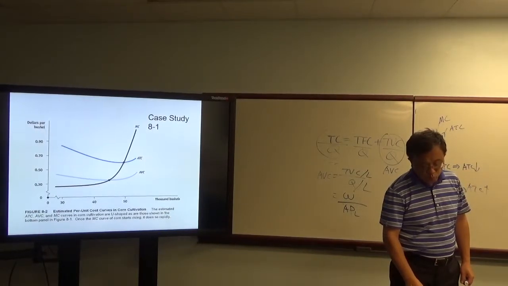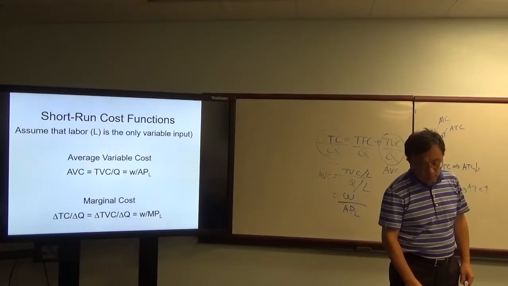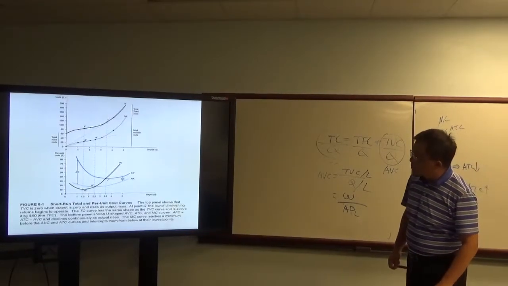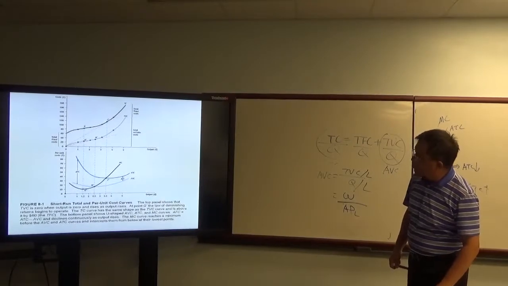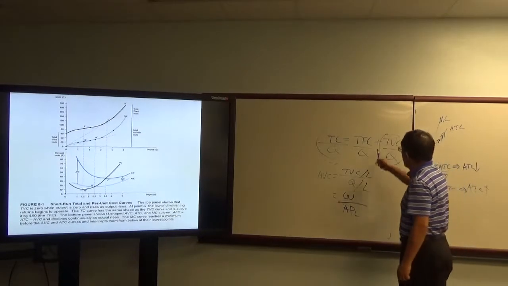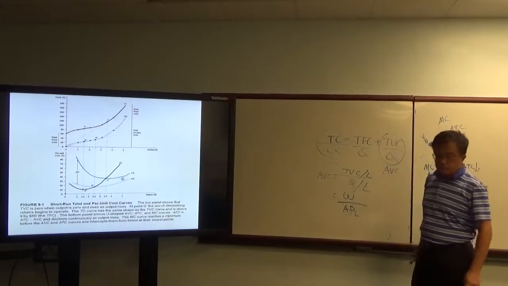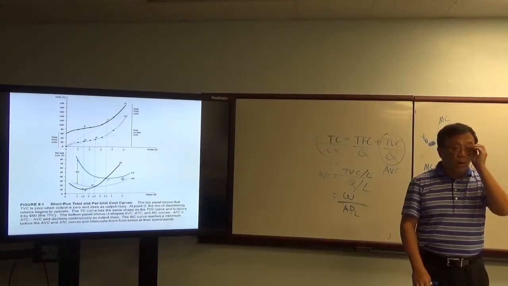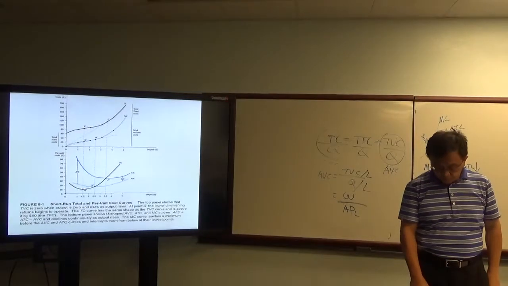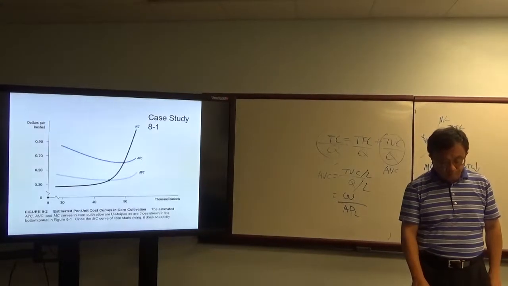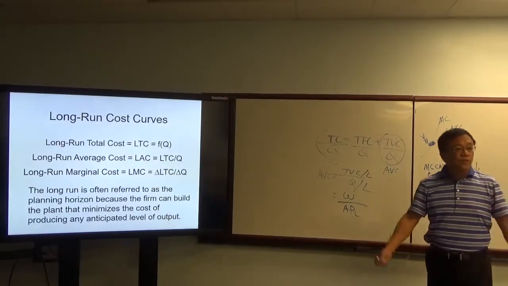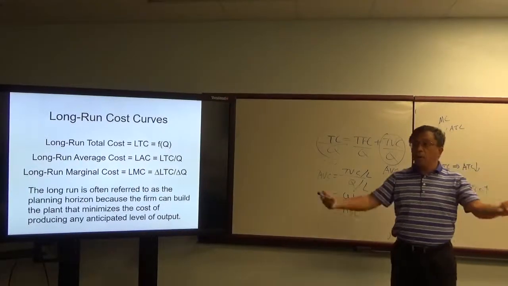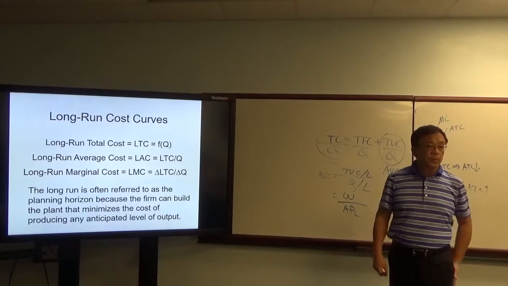So in the short run, we have the fixed cost and the variable cost. In the short run, we're assuming at least one cost is fixed. But how about in the long run? What's the definition of long run? There's no fixed cost. All costs are variable, so there's no difference.